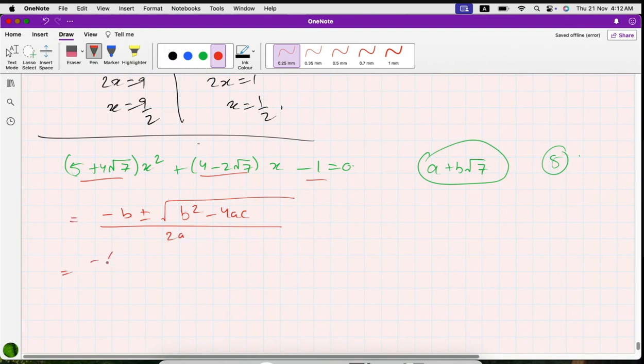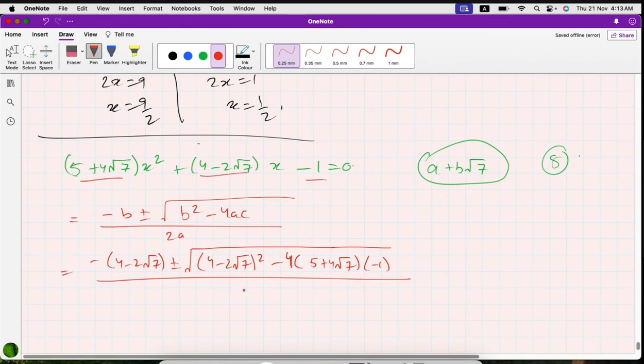So minus b is 4 minus 2 square root 7 plus minus the square root of 4 minus 2 square root 7 whole squared minus 4, where a is 5 plus 4 square root 7 and c is minus 1, over 2 into 5 plus 4 square root 7.